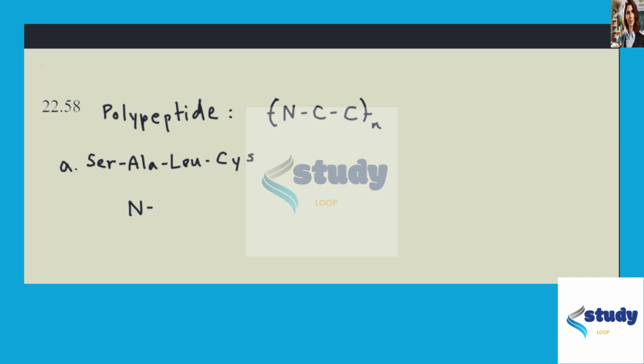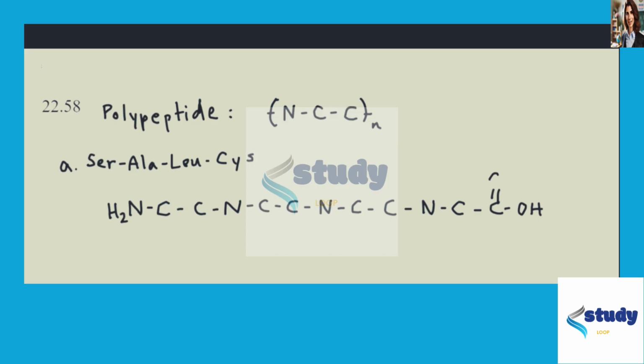It's a tetrapeptide, so we're going to do NCC 4 times. On this end is our amino end, so we'll put H2. This is our carboxylate end. Got our carboxylic acid. Got OH and doubly bonded oxygen.